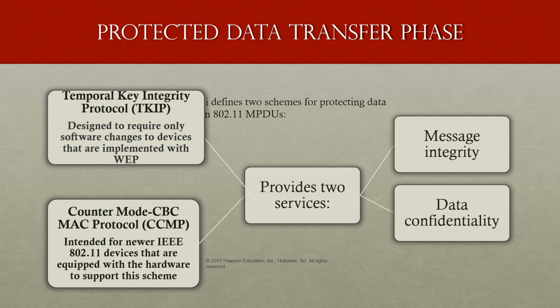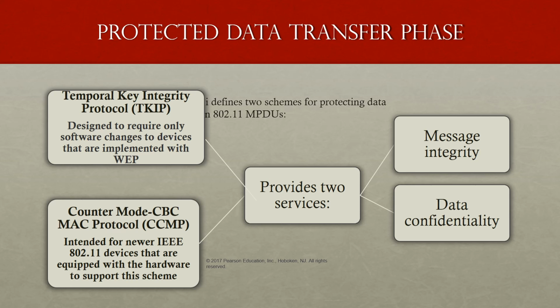CCMP is intended for newer IEEE 802.11 devices that are equipped with the hardware to support this scheme. As with TKIP, CCMP provides two services. Message integrity. CCMP uses the cipher block chaining message authentication code, CBC-MAC, described in Chapter 3. Data confidentiality.